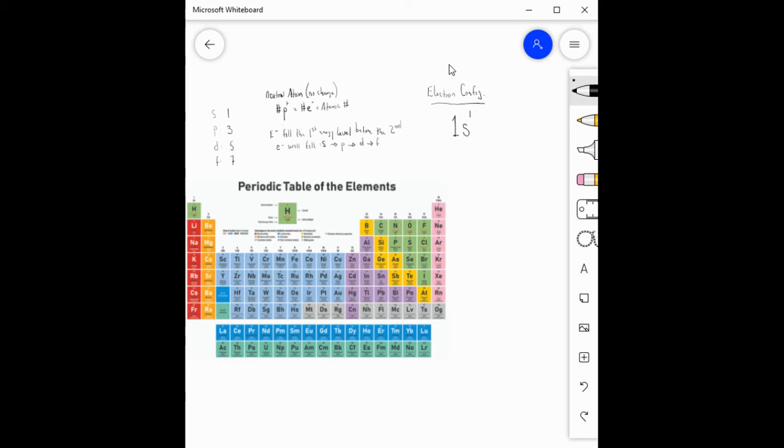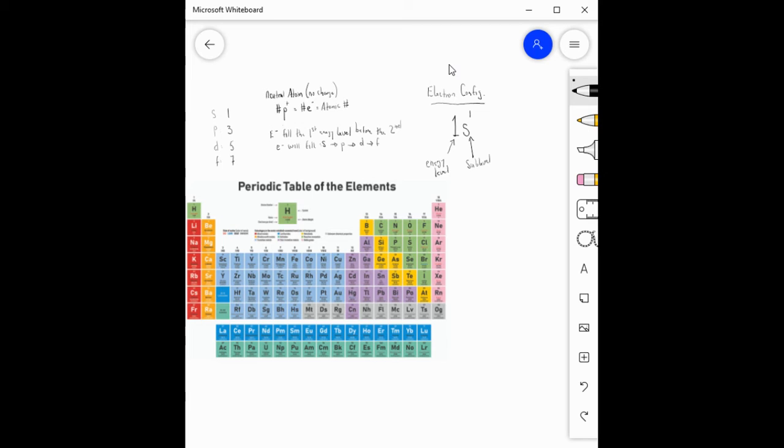So the 1 is our energy level. The S is the sublevel.